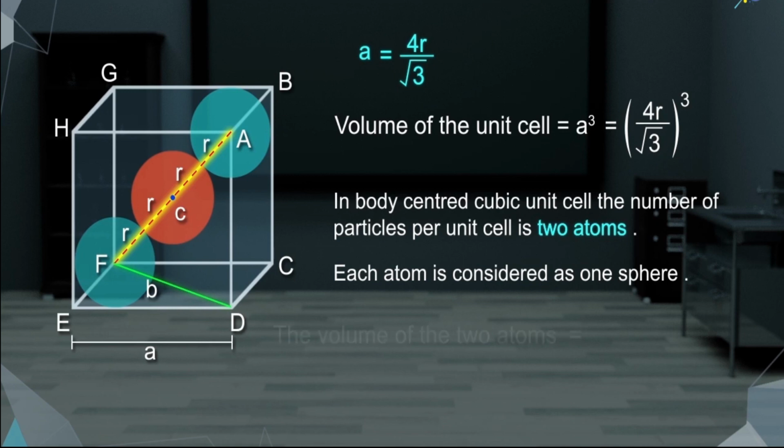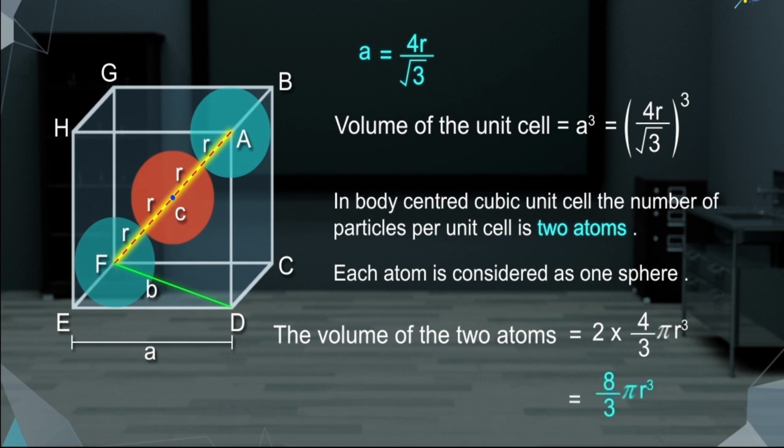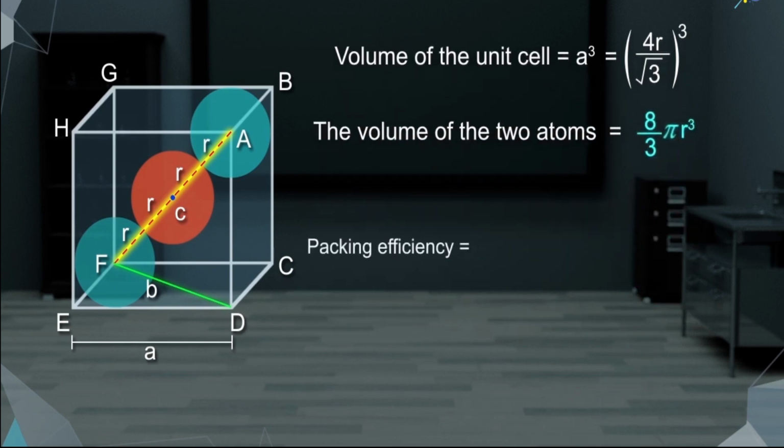Each atom is considered as one sphere. Now the volume of 2 atoms is equal to 2 multiplied by 4/3 πr³, which is equal to 8/3 πr³.